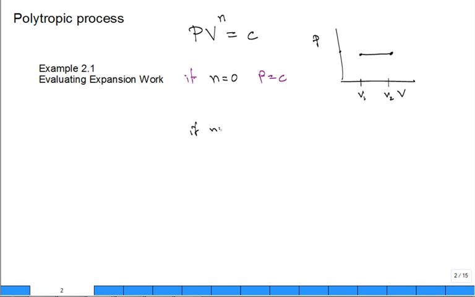All right, let's do another case. If n is equal to 1, then I have P times V equal to a constant. That's not a straight line, and you would have to be really good at recalling stuff from your math classes a long time ago. There's a name for that type of line where y is equal to a constant over x, or y times x is equal to a constant.